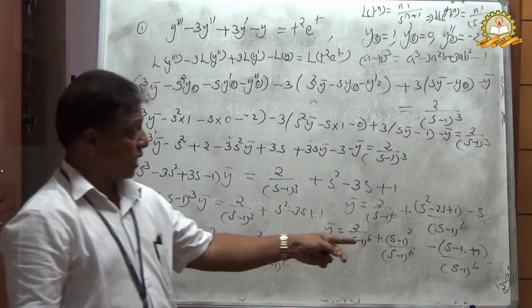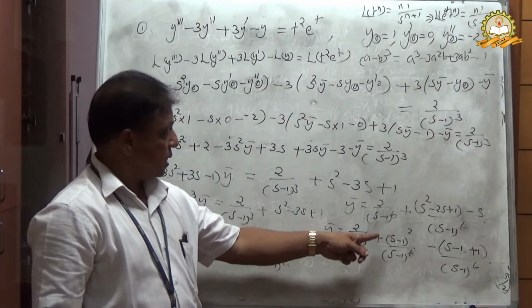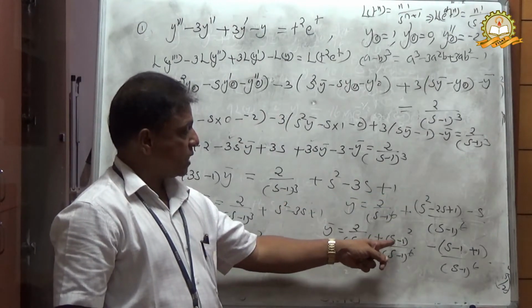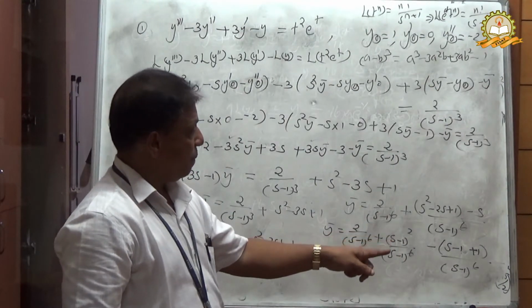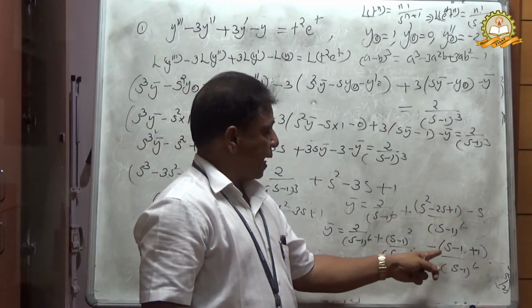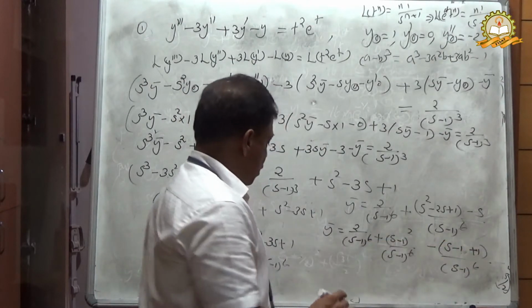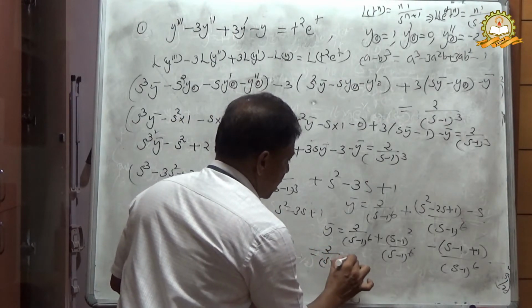Just arrangement of the terms. The first term is 2 by (s minus 1) whole raised to 6, plus the second term. S square minus 2s plus 1 can be taken as (s minus 1) whole square by (s minus 1) whole raised to 6. The third term s can be taken as minus of (s minus 1) plus 1. Therefore, simplifying 2 by (s minus 1) whole raised to 6.